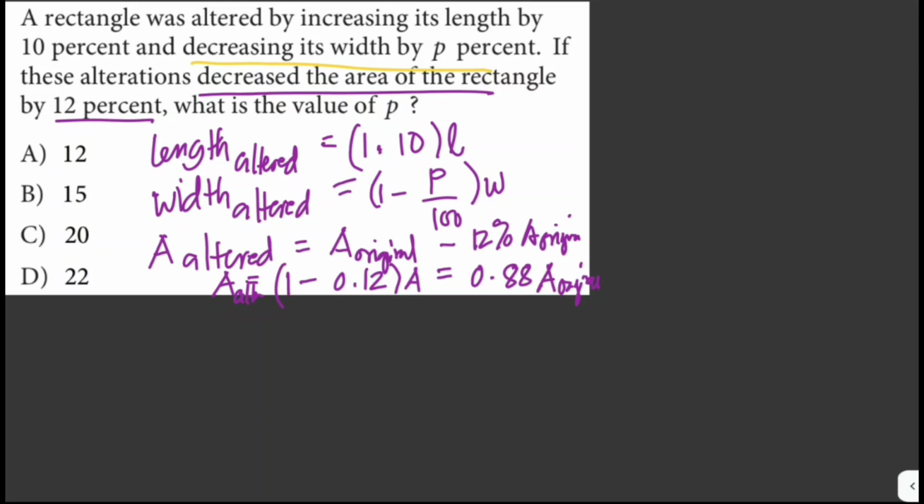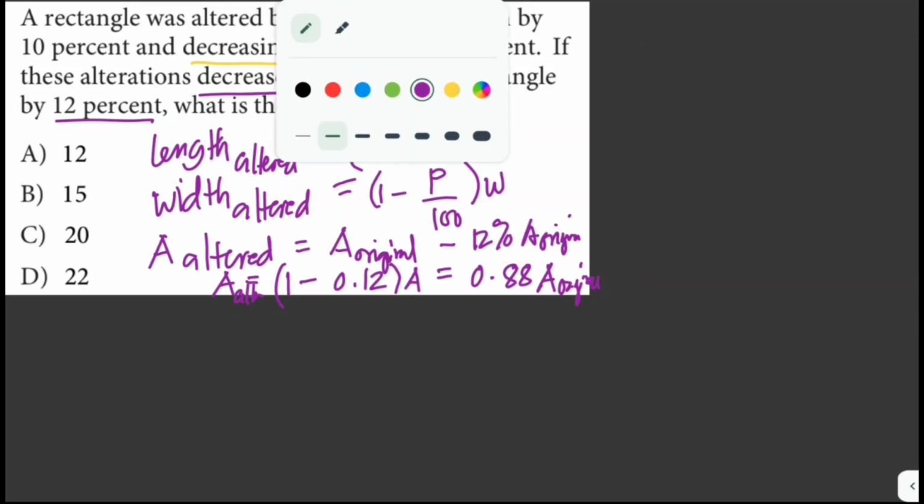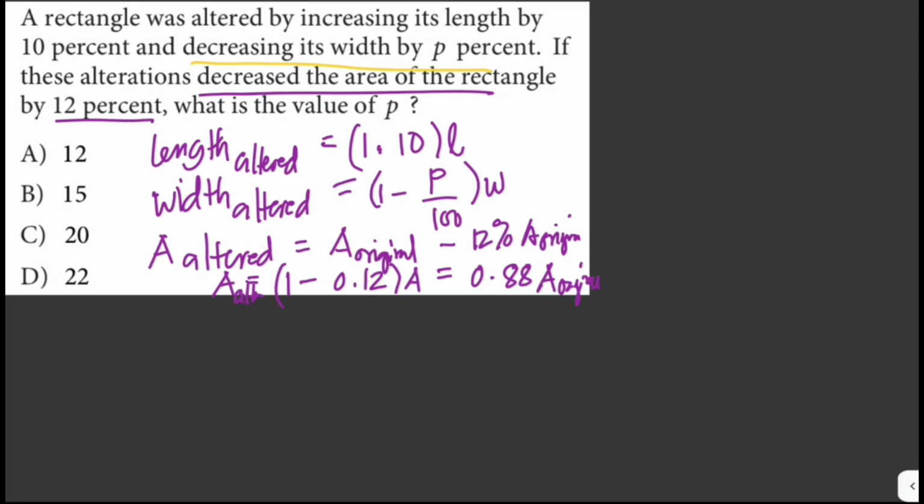And now we can plug in everything to the equation A equals length times width. So area of the altered rectangle, length of the altered rectangle, and width of the altered rectangle.